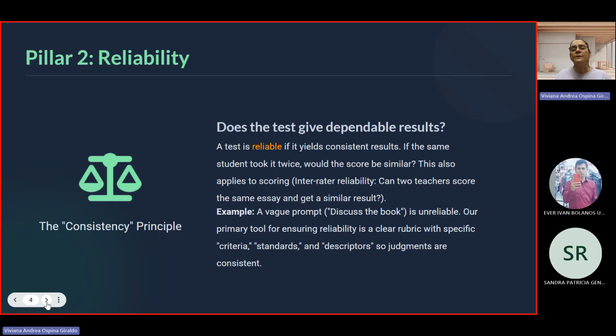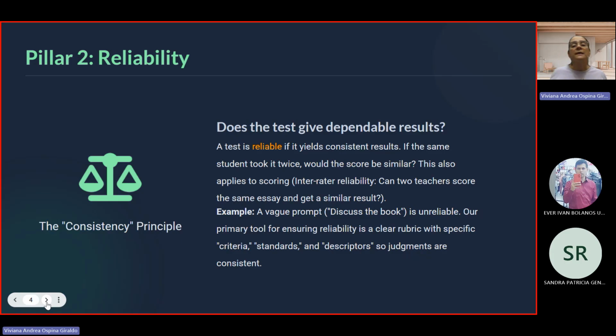So it's important that we add criteria, standards, descriptors, so that the judgments are consistent. If I leave it open without having criteria, specific standards, and what I'm looking for on the descriptors, I won't be able to have reliability in my testing.